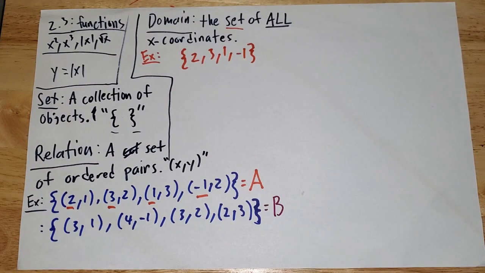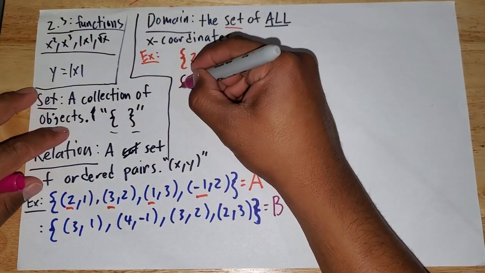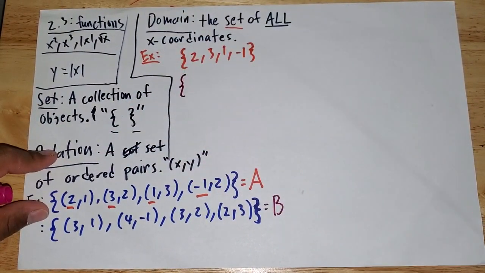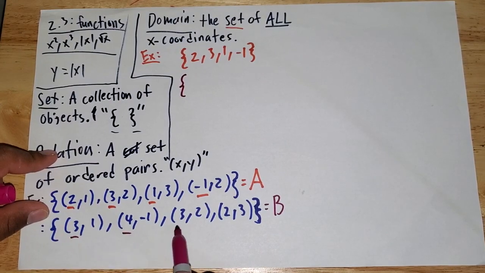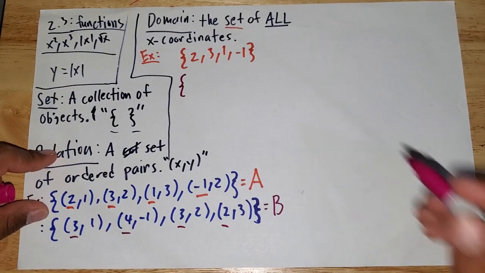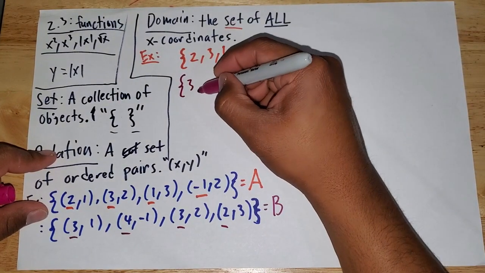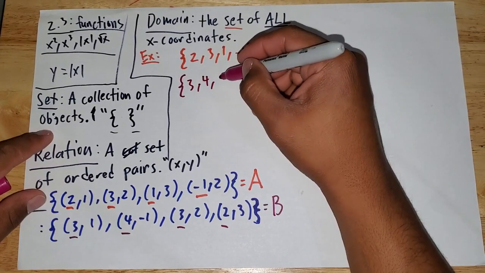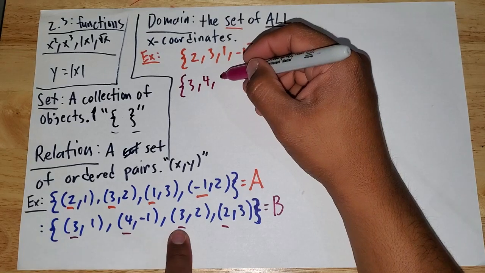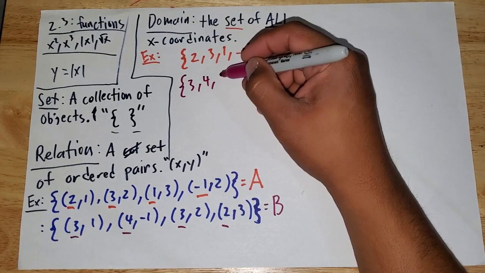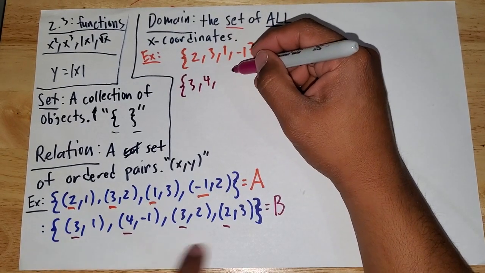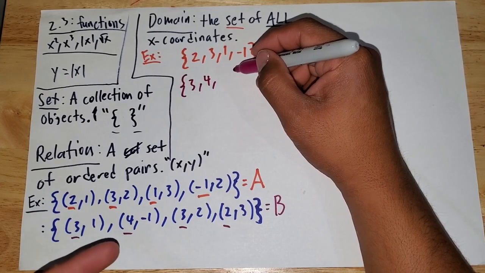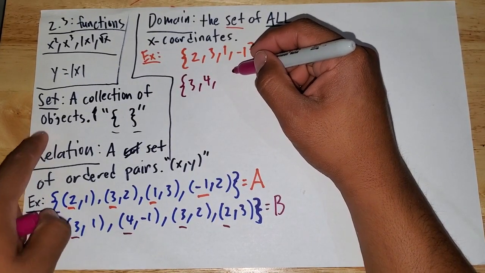Now, if we're looking at B, same thing. I have to write the set of all the x coordinates of B. So first we have a 3. We have a 4. Then, if you notice, we have another 3. You never repeat the same object in a set.